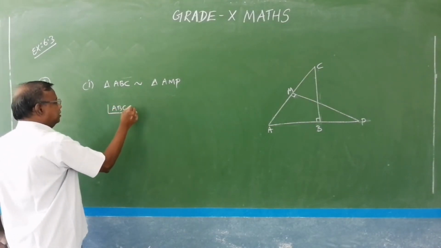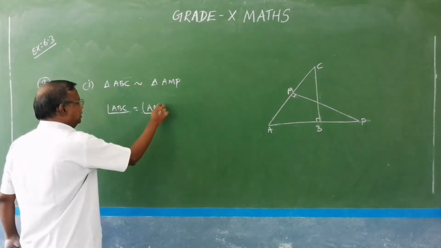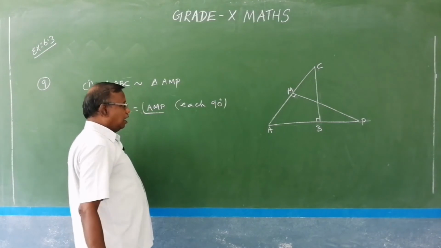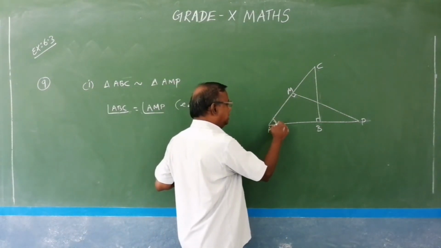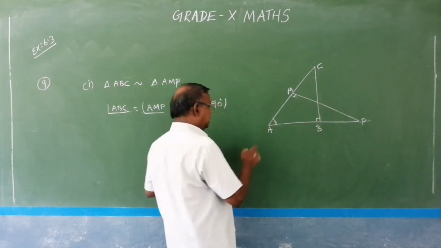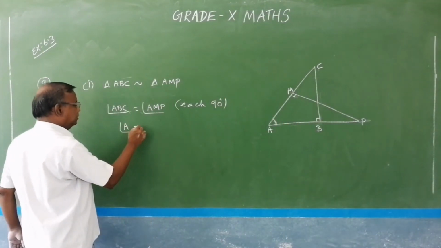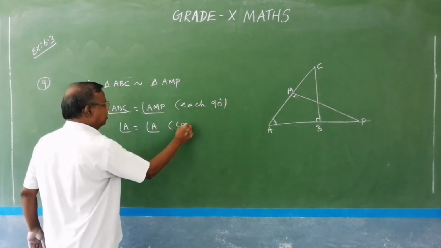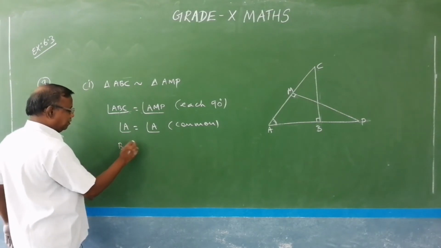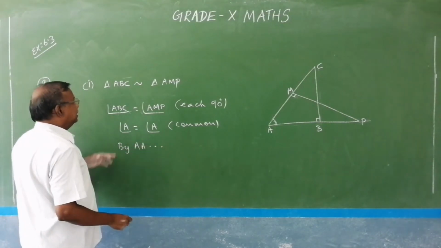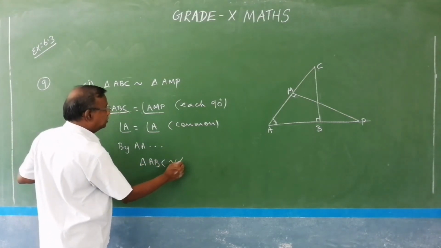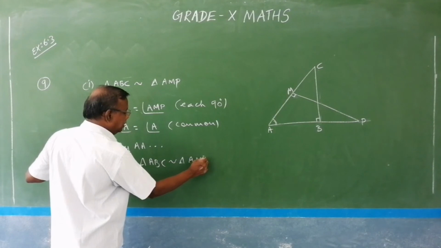So angle ABC equal to angle AMP, each 90 degrees. And in both the triangles, angle A is common. So angle A equal to angle A. Hence by AA similarity criterion, triangle ABC is similar to triangle AMP.